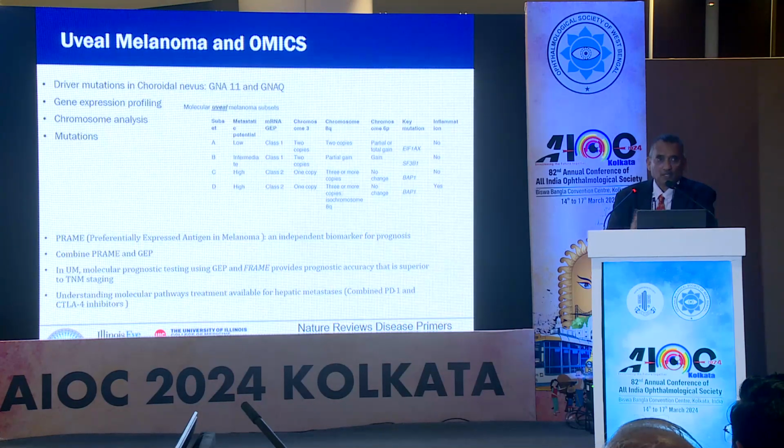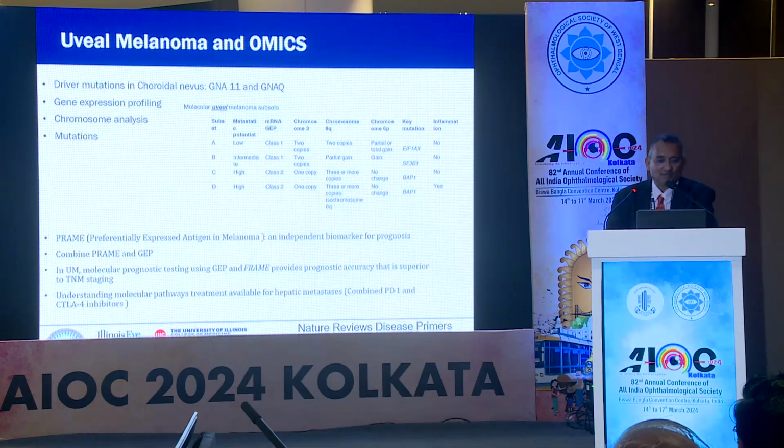Now, as all of the pathologists and oncologists probably know, we've learned a lot about uveal melanoma through omics, and as we were talking earlier as a group, pathologists are becoming extinct. Our role has become minimized in these tumors.